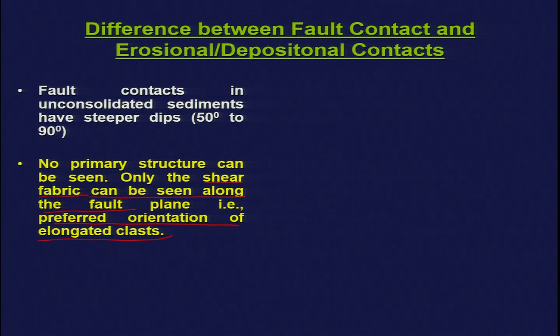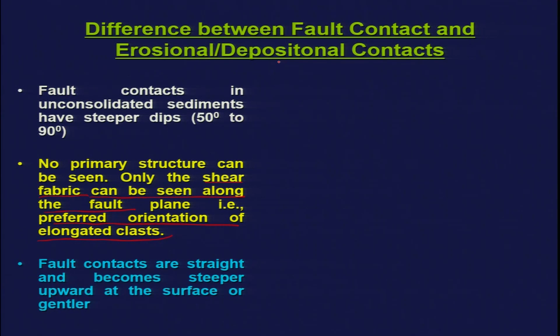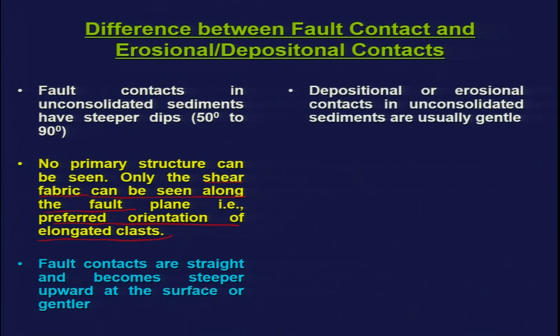So this is important, which you should remember, and that will help you in differentiating between the fault contact or erosional or depositional contact. Fault contacts are straight and become steeper upward at the surface, or they may be gentler also. But then other parameters which you will take into consideration will help you in differentiating between the fault contact and the erosional contact. Whereas depositional or erosional contacts in unconsolidated sediments are usually gentler.